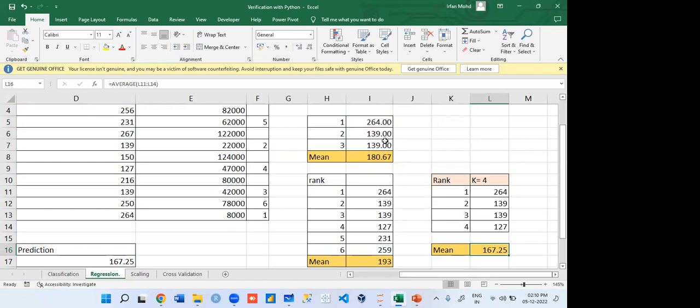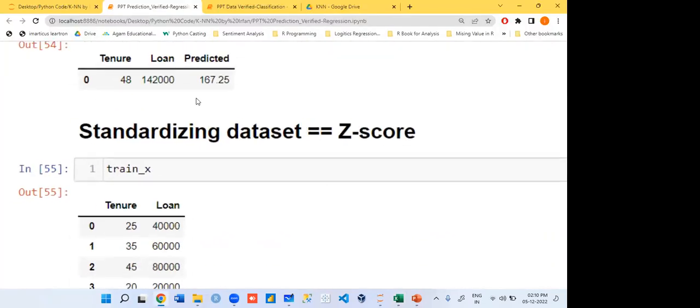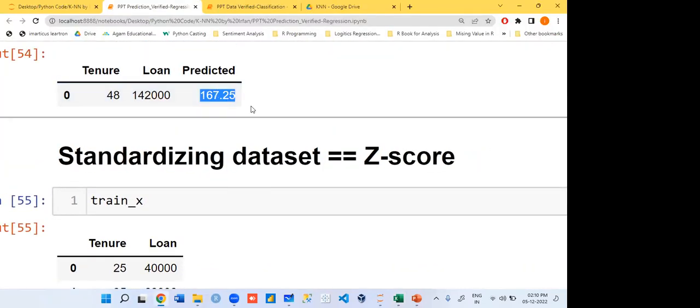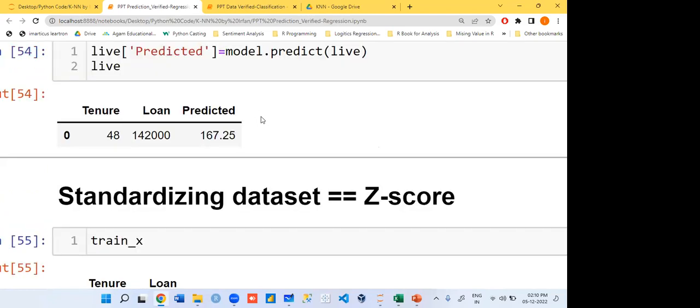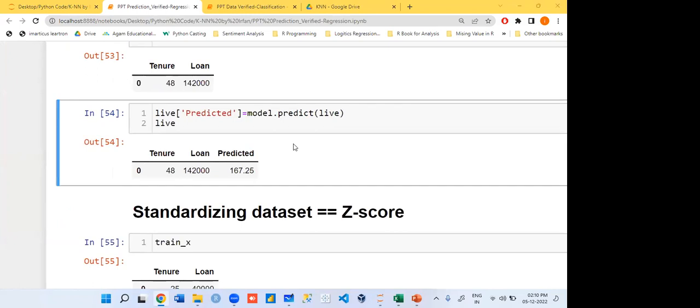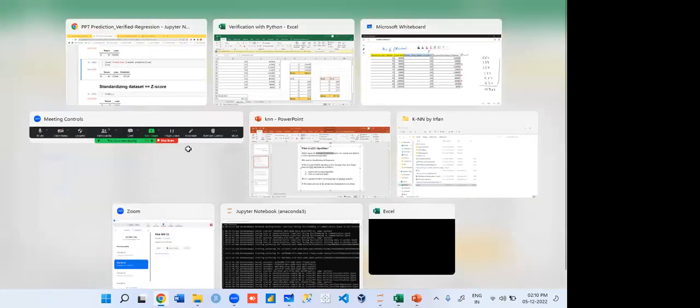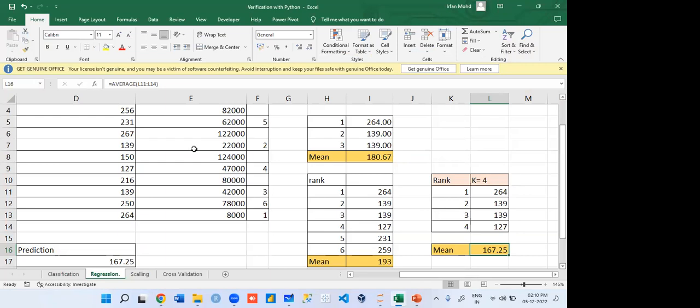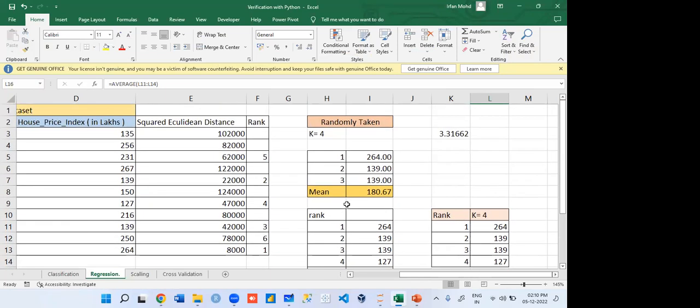Just take first 4 ranks and do average of y. Exactly match. Guys, still you're clear? So here we say that average price of the house when K is 4 is 167. Average price of the house when K is 3 is 180.